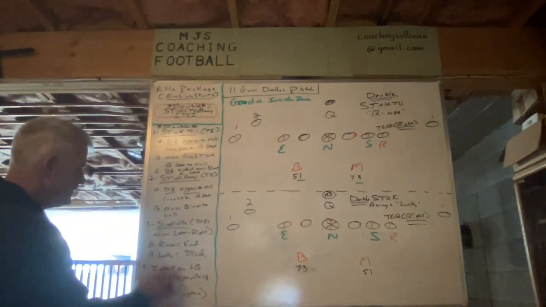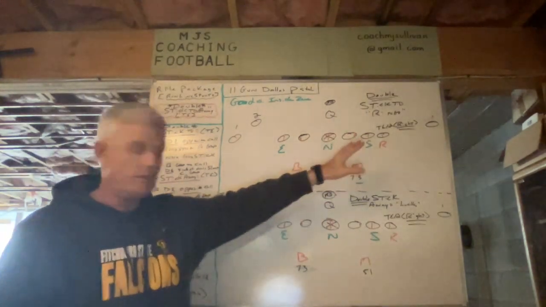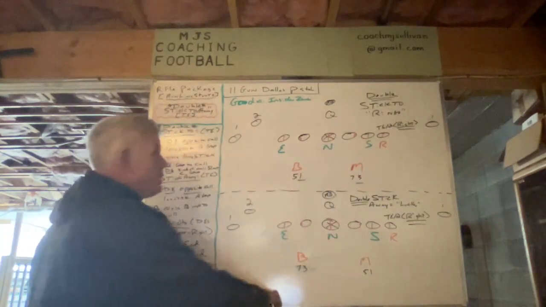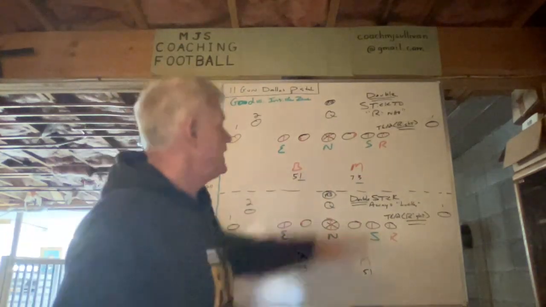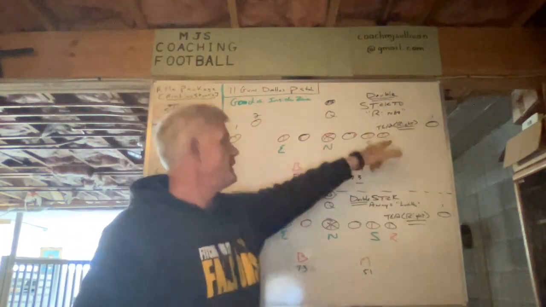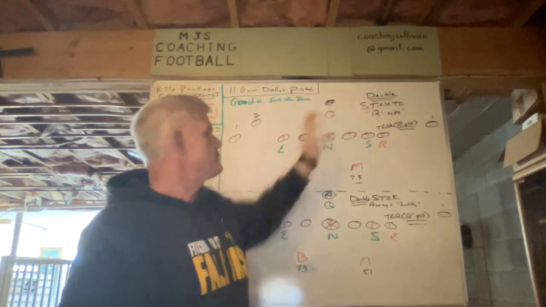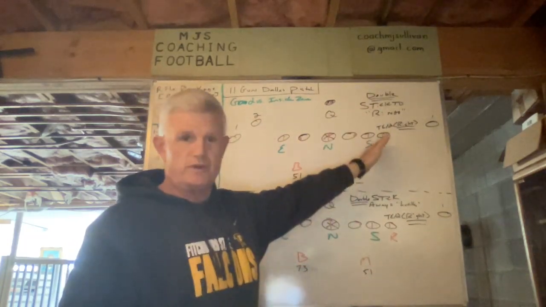And then ultimately, the impact on linebacker gap responsibility, I'll show you in the diagram over here. Okay? So, on purpose, in both diagrams, I have an 11 gun Dallas pistol. The tight end is to the right on both. The top diagram, it's a double stick two, so we're moving to the tight end.